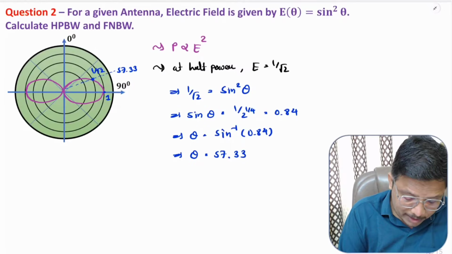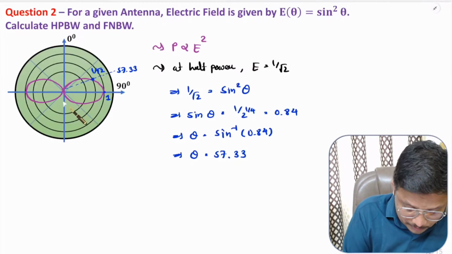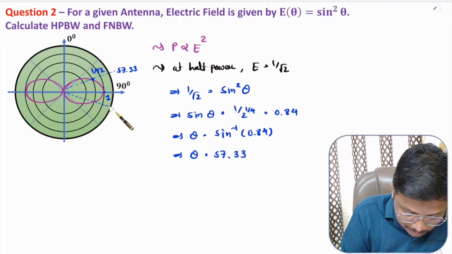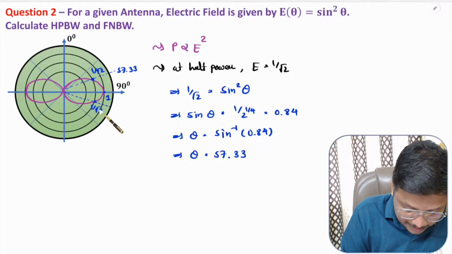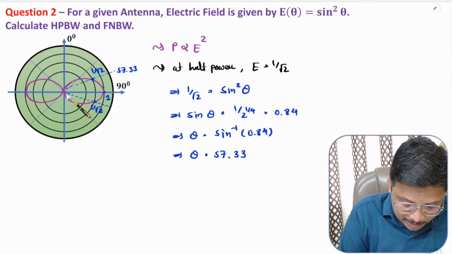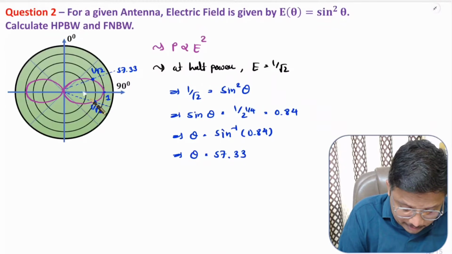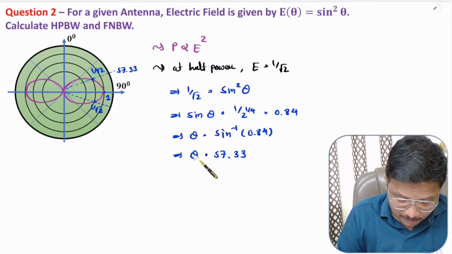Now how to identify half power beam width? So you see, similarly the angle over here will be having 1 by root 2 value, right? So what we will be doing is calculating 90 minus 57.33 and multiplying it by 2 to get half power beam width.